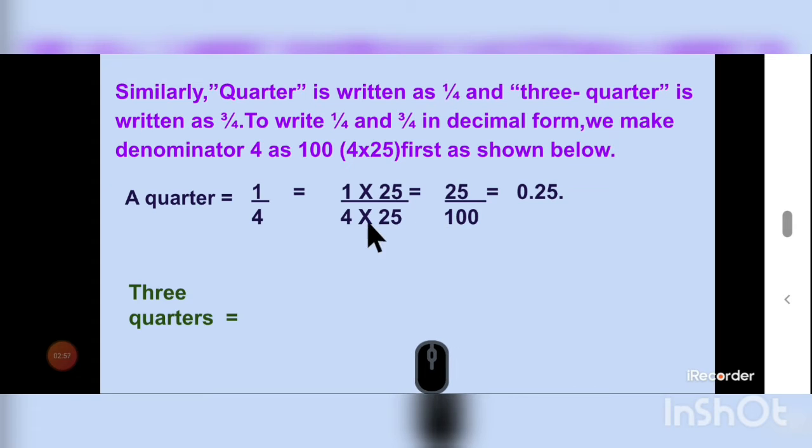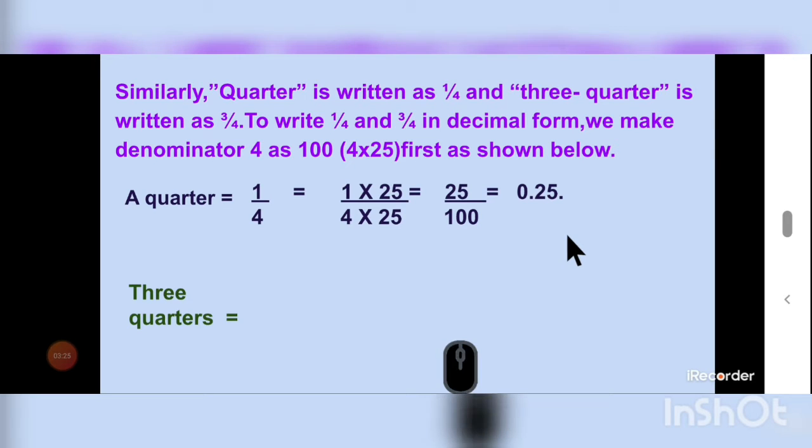So you will multiply numerator and denominator by 25. We know that 4 multiplied by 25 gives 100. So first we make the denominator 100.